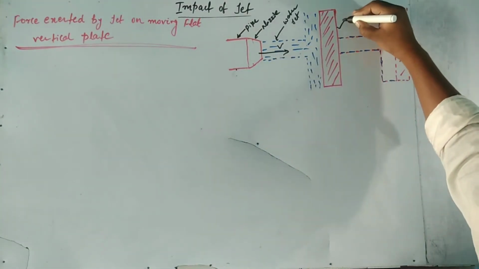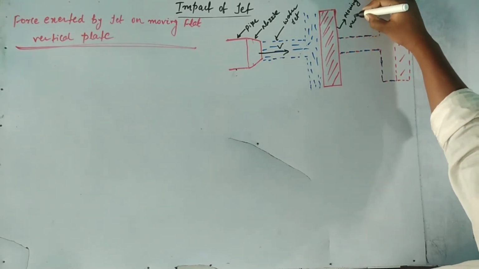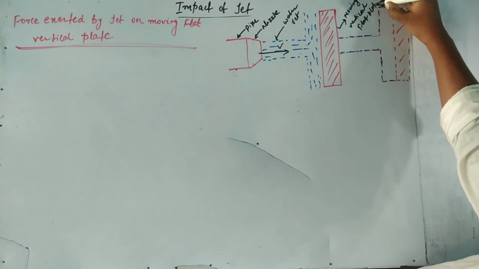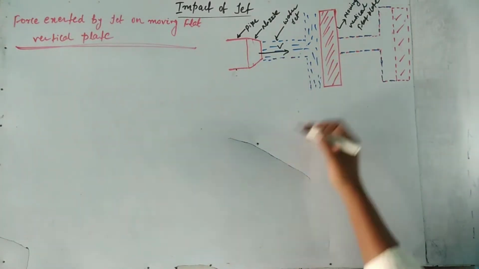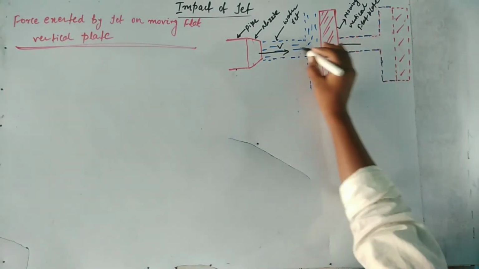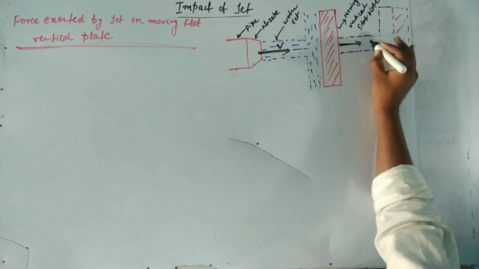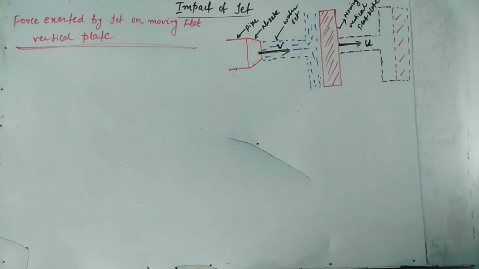This water jet strikes a moving flat vertical plate, and after striking, the plate moves with velocity u. We have to find the force exerted by the jet on the moving flat vertical plate.